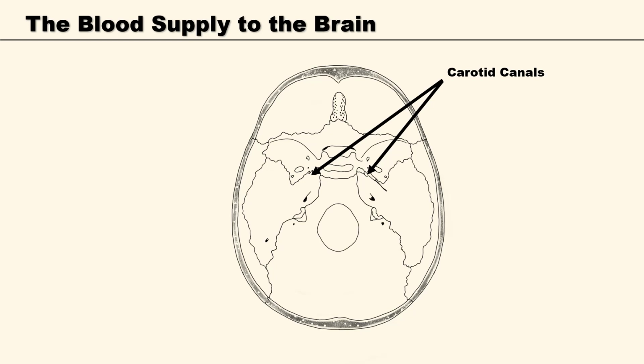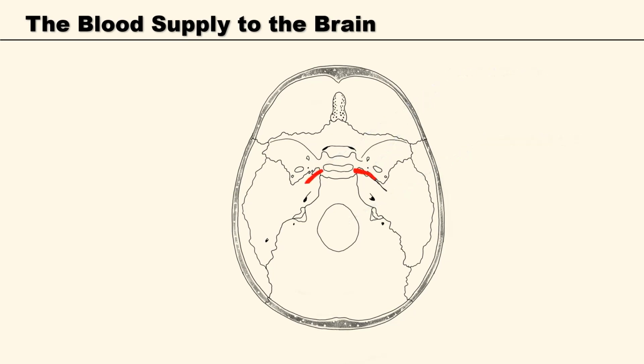They are located within the petrous part of the temporal bone. We can also see the foramen magnum, which is the huge hole in the occipital bone that allows for passage of the spinal cord out of the cranium, but also allows for vertebral arteries to make their way from the transverse foramina of the cervical vertebrae into the cranium to supply the caudal aspect of the brain.